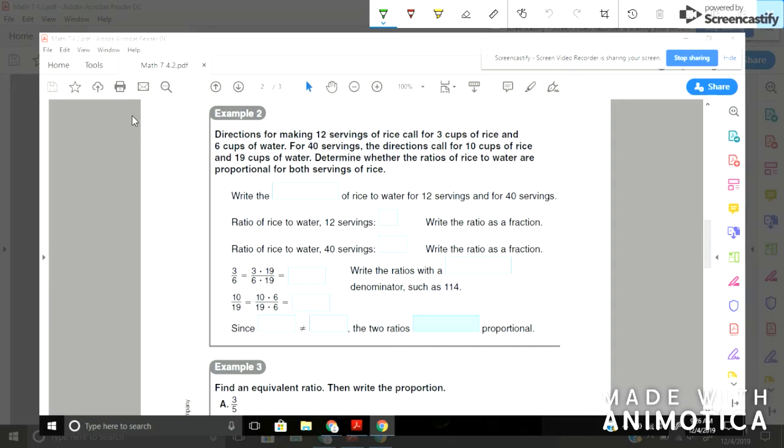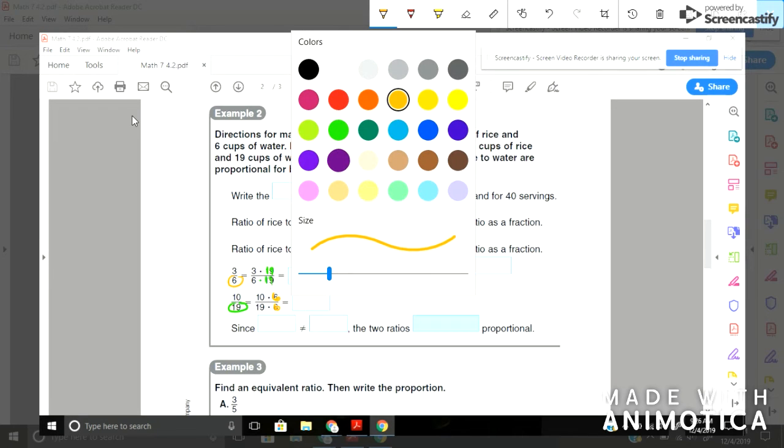So you notice we multiply 3/6 by this denominator, 19, on top and bottom. And the other denominator, 6, we're multiplying by this other ratio. And the reason being is because that's going to give us a common denominator.